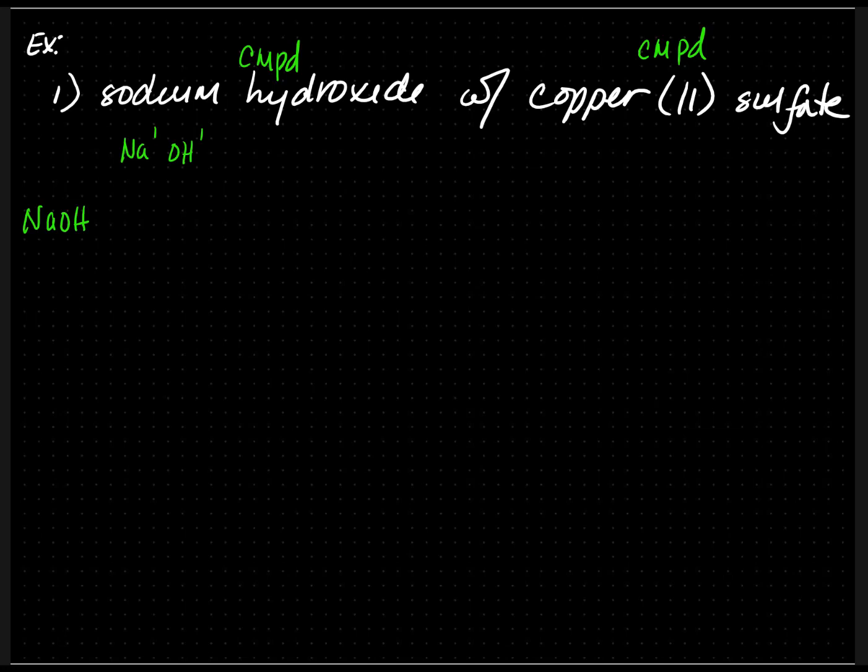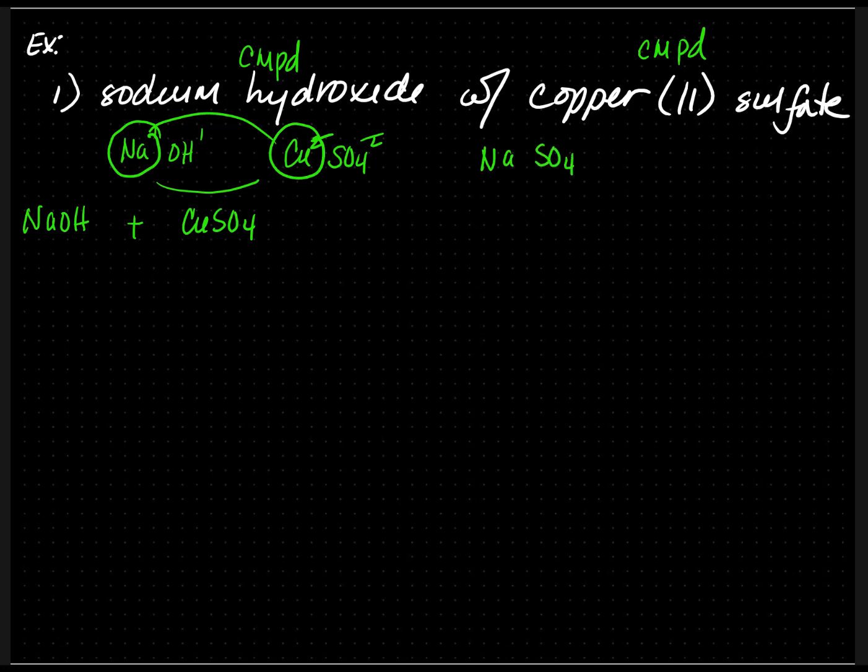Copper 2 sulfate is also an ionic compound because it starts with a metal. So Cu has a charge of 2. Sulfate, SO4, has a charge of 2. It reduces out, so this becomes CuSO4. Since this is a double replacement reaction, Na and Cu are going to swap partners. Remember, metals replace metals. So Na's new partner is SO4. The charge of Na is 1. The charge of SO4 is 2.